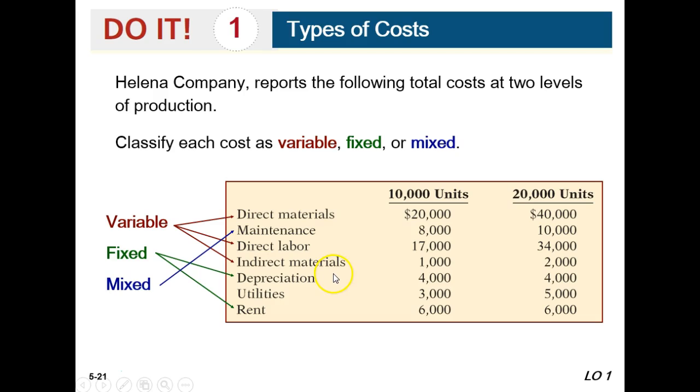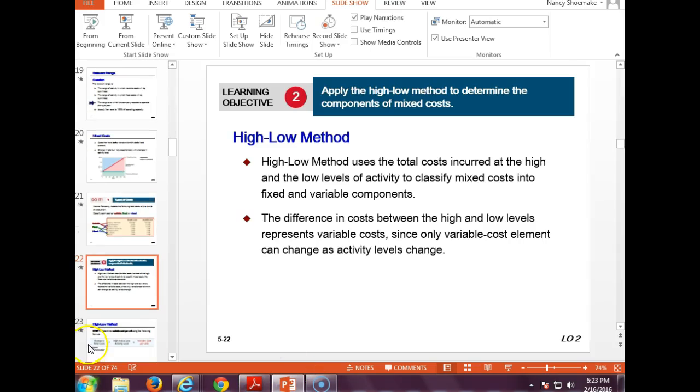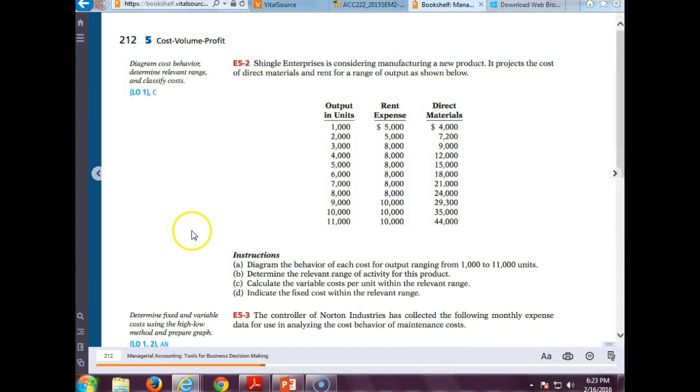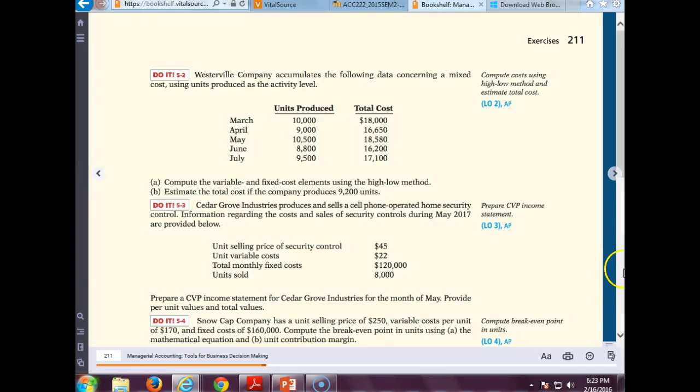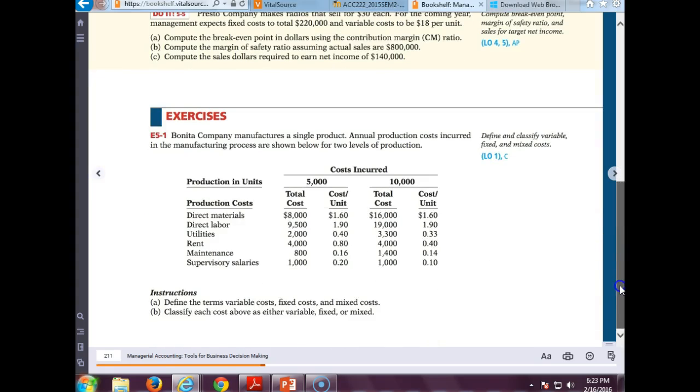So it's important that you know how to classify if something's a fixed cost, a variable cost, or a mixed cost. Okay? Let's take a minute and go to the book. Exercise 5.1.